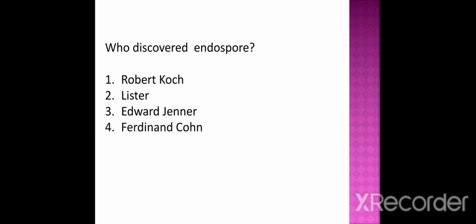Who discovered endospore? Option 1, Robert Koch. Option 2, Lister. Option 3, Edward Jenner. And option 4 is Ferdinand Cohn. And the correct answer is Koch. Koch discovered endospore.